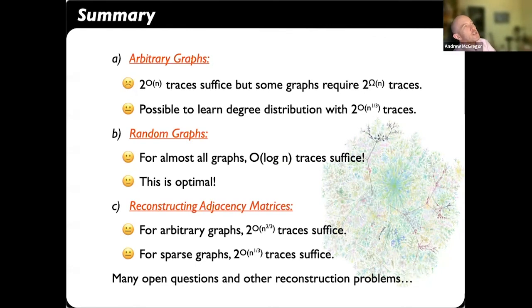Certainly nothing I presented or that is in the paper addresses your question. Thinking off the top of my head, I would speculate that you still need exponential in n traces when you delete exactly n over 2 minus 1 nodes, for example. But I'd have to give it some thought to prove it.